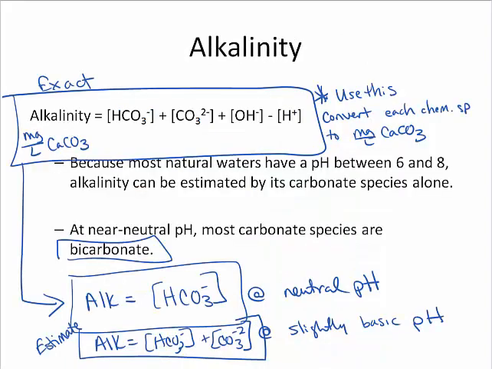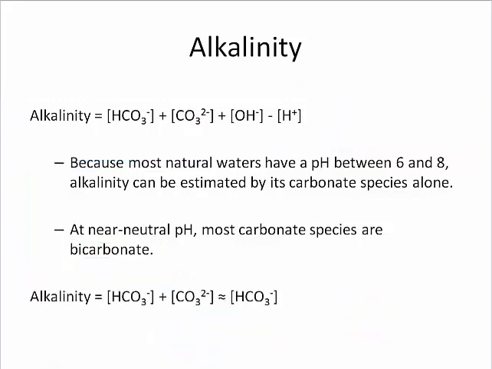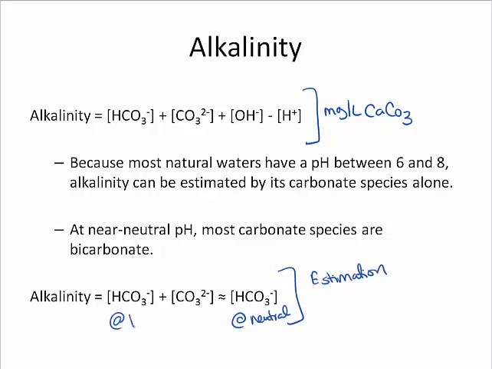So we can estimate alkalinity with simply these two species at slightly basic pH. Okay, so to summarize what I just wrote and to write it a little bit neater, alkalinity can be calculated fully with natural water in this form of the equation when you first convert to calcium carbonate. It can be estimated with the simpler form depending on whether you're at neutral pH or at slightly basic.